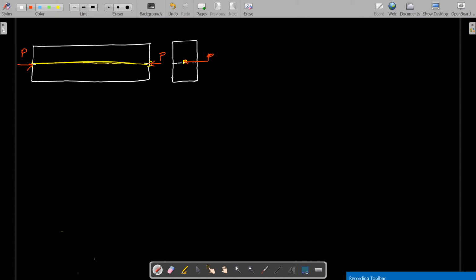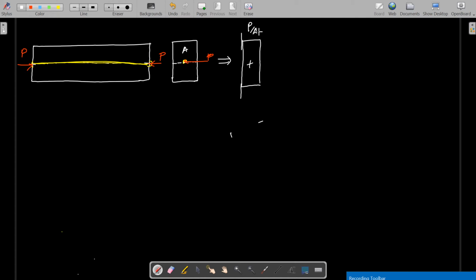For a cross-section of area A, if I draw the stress diagram, it will be a compressive force throughout. We take compressive as positive, so P by A will be here throughout, and there is no eccentricity, so there will not be a moment.